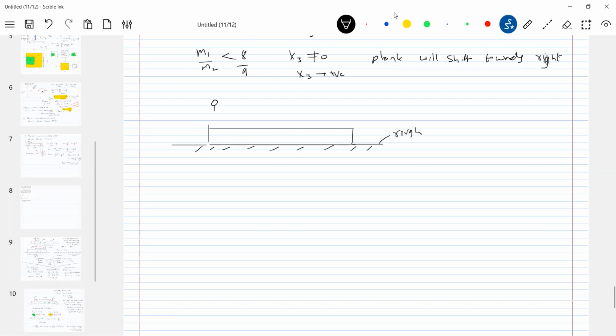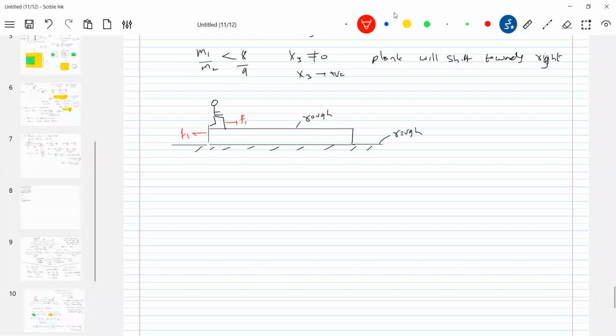If there is friction between the plank and the ground, what conditions will come? If the surface is rough, then only the person can walk, and as he walks, friction will be like this.